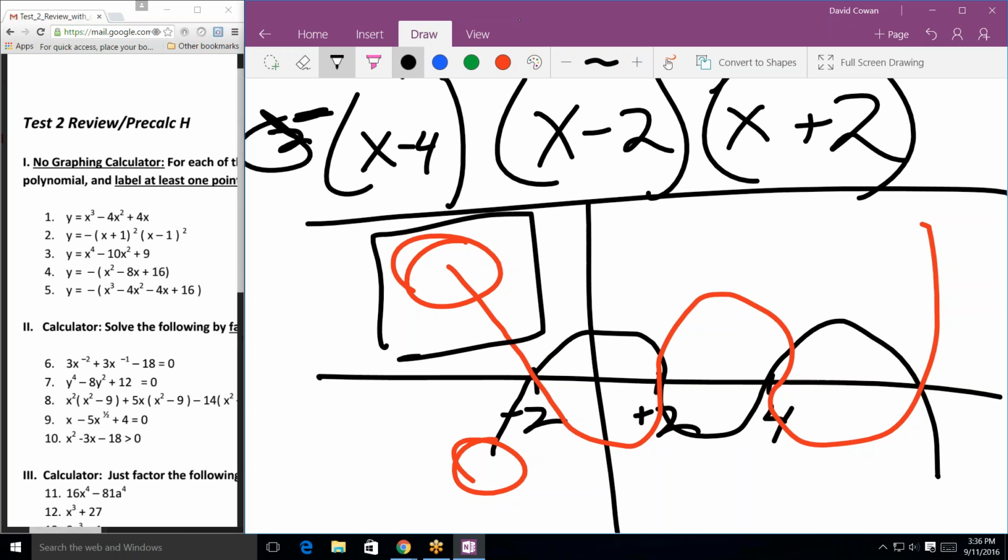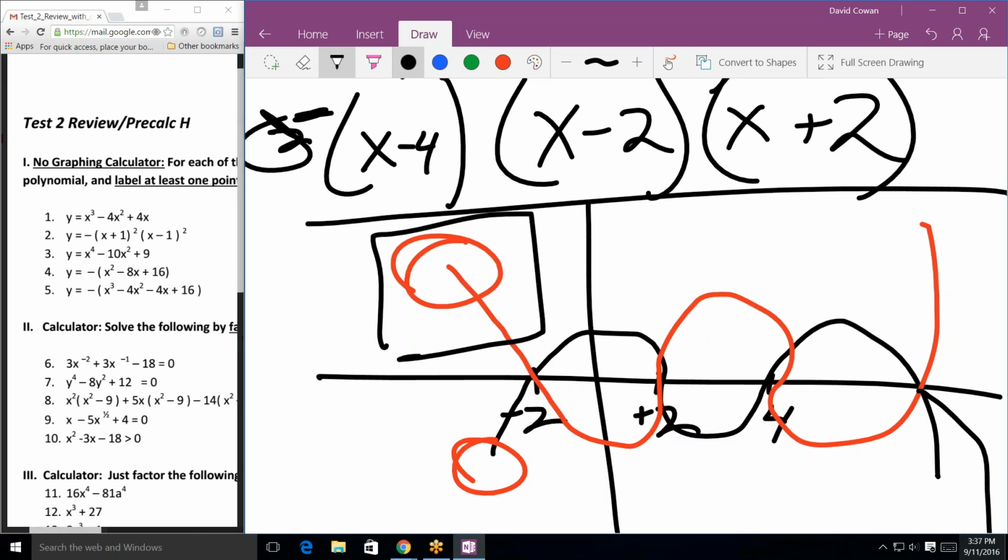And if you plug in, hold on. If you plug in positive infinity for x, you get negative infinity. So I've made a mistake. The right-hand side should go that way. Question is, how? We're doing number 3, not number 2.